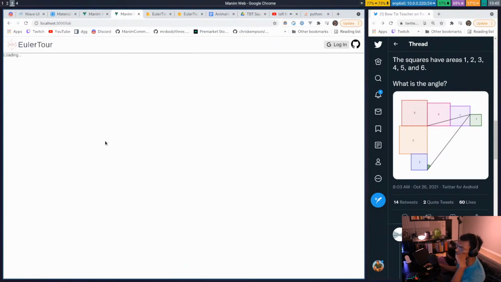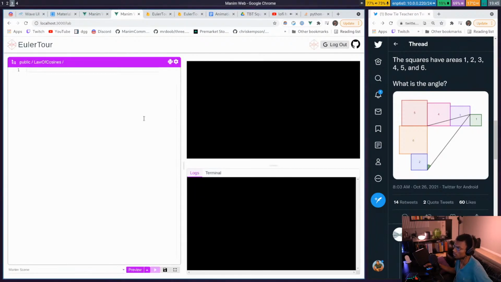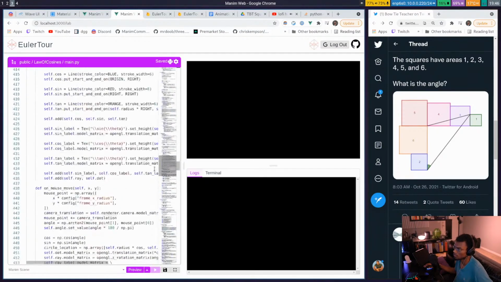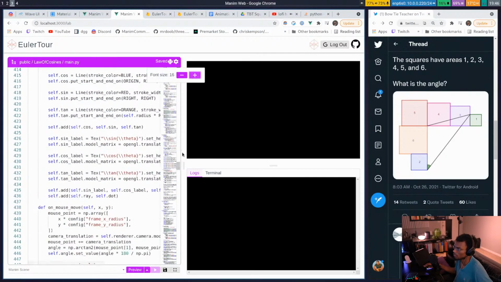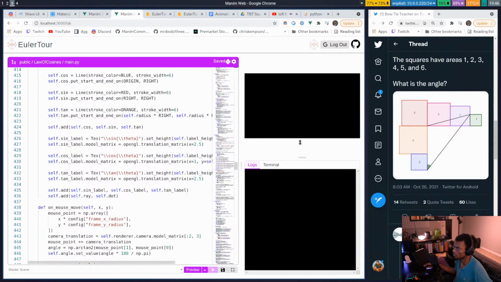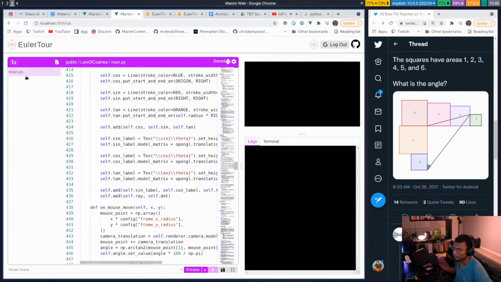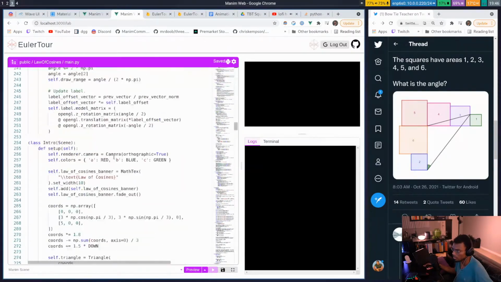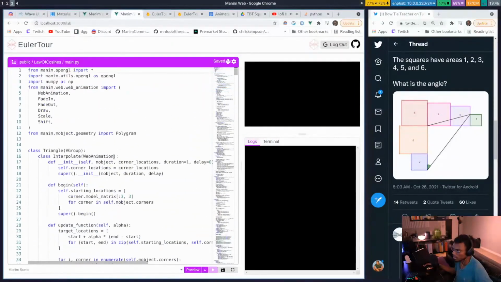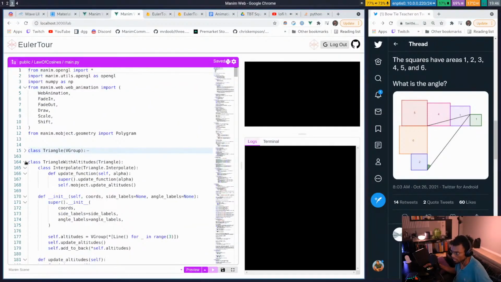Okay, now the angle code I'm going to have to take from the law of cosines or something. I thought I had angle code. Oh, wait, triangle with altitudes.